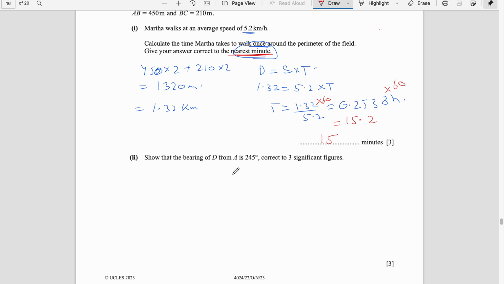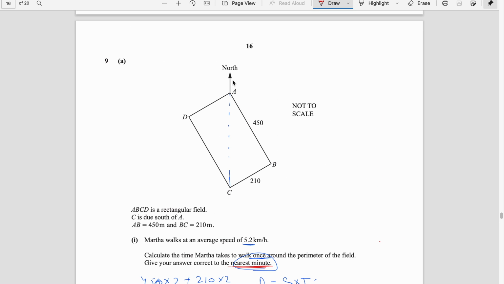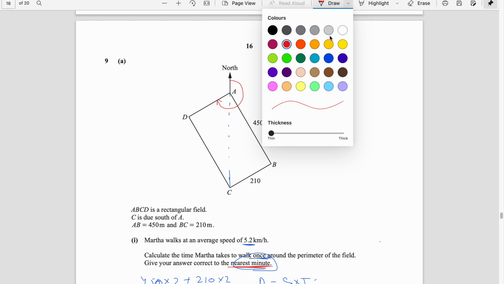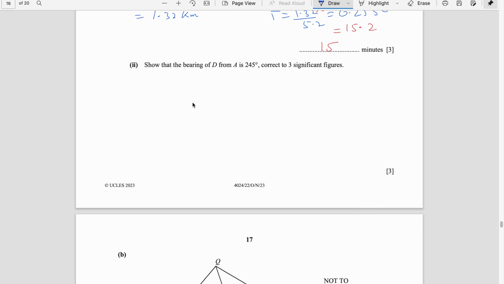The second part says, show that the bearing of D from A is 245, correct to 3 significant figures. The bearing of D from A is this angle. If I split it into 2, this complete angle is 180, and I'm going to find this angle. Bringing 450 on the other side, bringing 210 here, I'm going to use tan to find this angle theta. So tan theta is equal to 450 by 210.